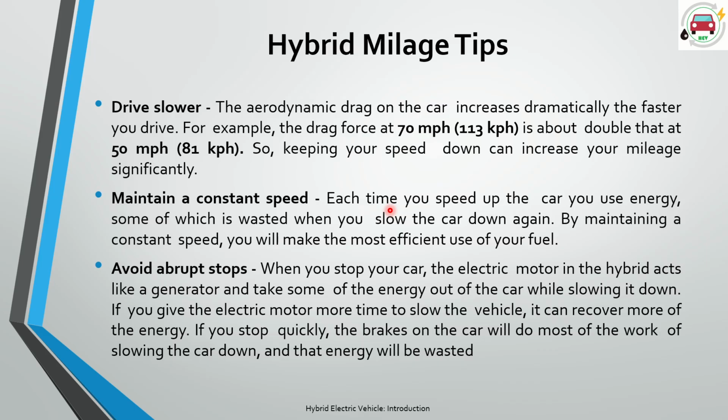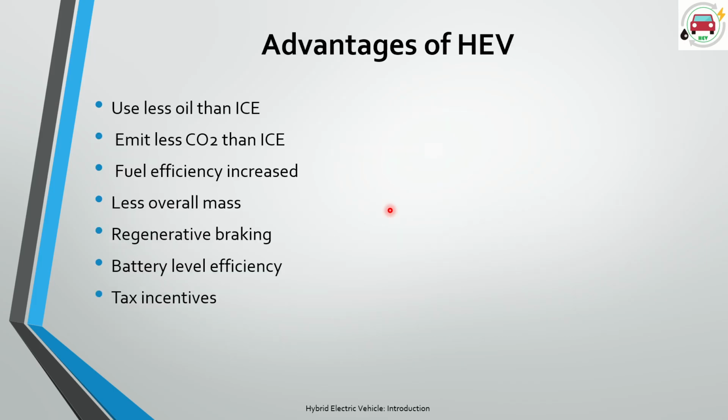Generally we need to drive in such a way that there should not be a requirement of continuous application of the brake, so it will give good efficiency in terms of power. So there are many more advantages of the hybrid electric vehicle.